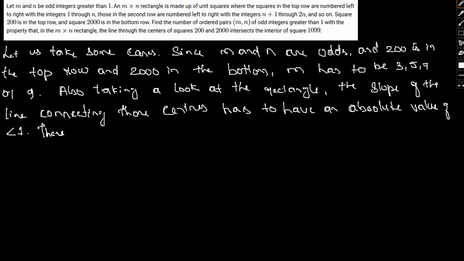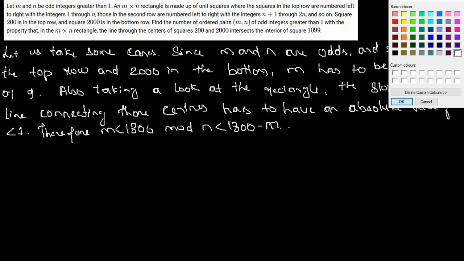Therefore, 1800 mod n is less than 1800 minus n. Okay. Now let's take a look at a few other conditions as well.